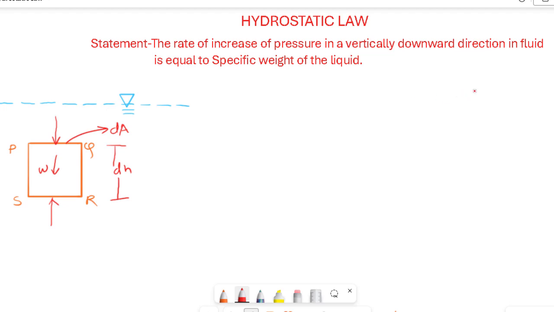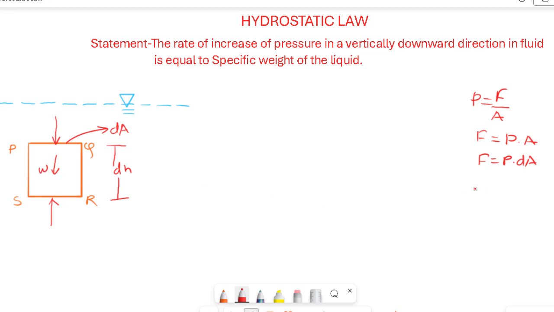We know that pressure is given as force upon area, and hence the force we can write as pressure into area. Here area of the element is dA, so pressure force will be P into dA.